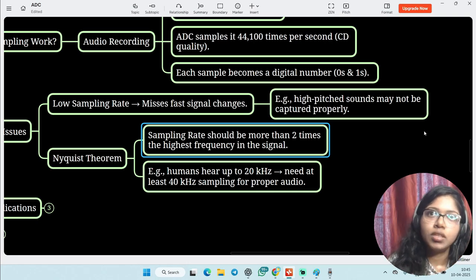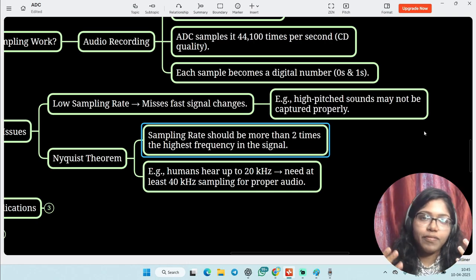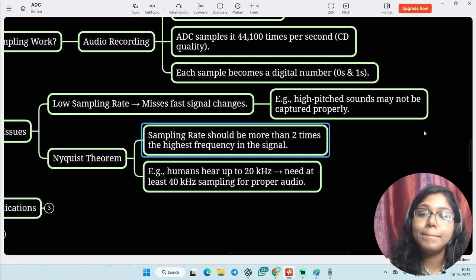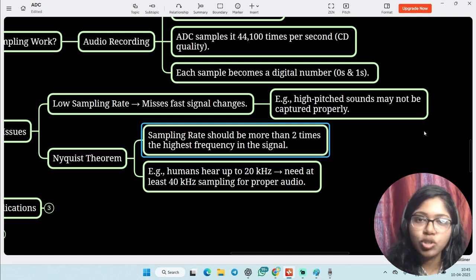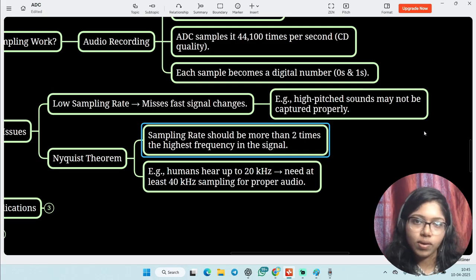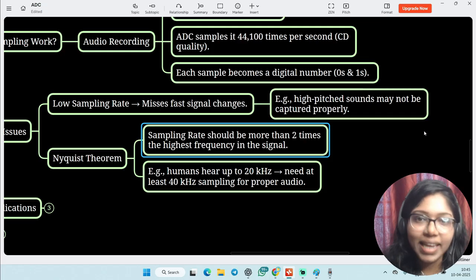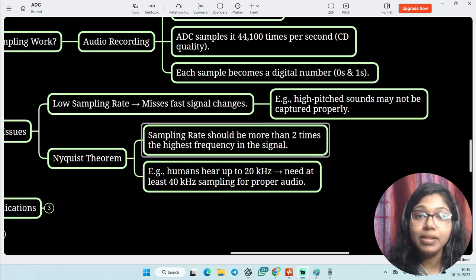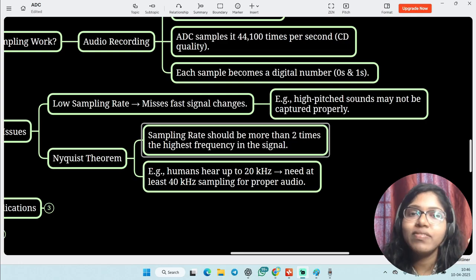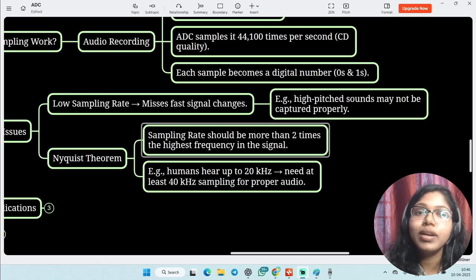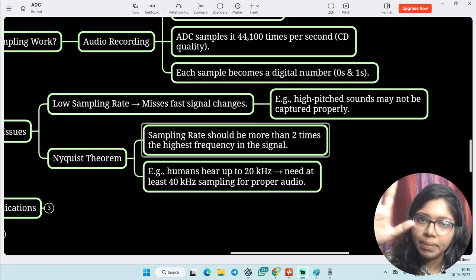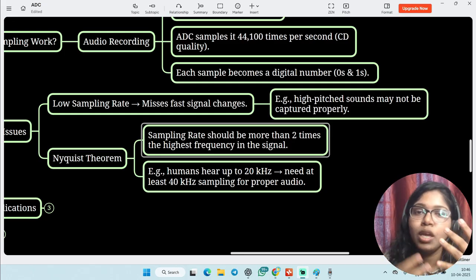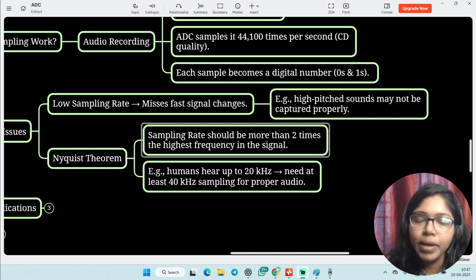For example, the human hearable frequency range is 20 kilohertz, so you need a sampling rate of 40 kilohertz. Then only can you acquire all kinds of data, including high-pitched data. And if I'm speaking very fast, that data can also be acquired. That's what the Nyquist theorem is telling.